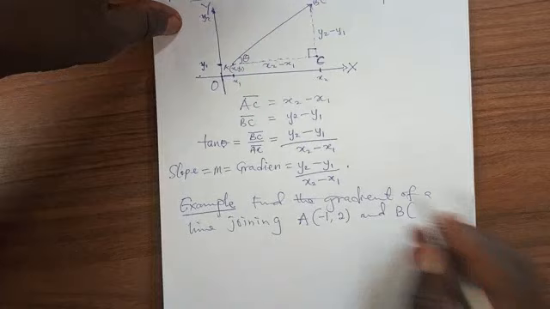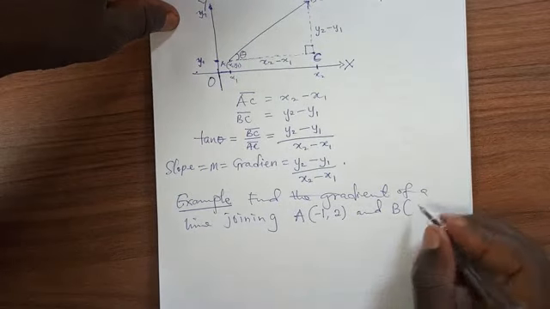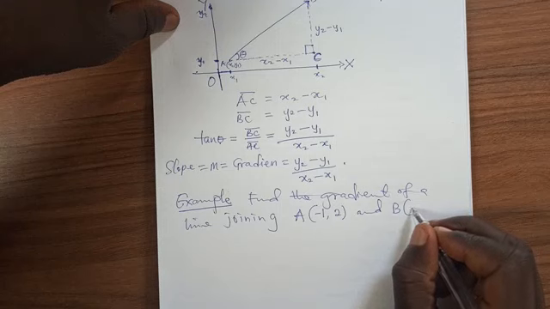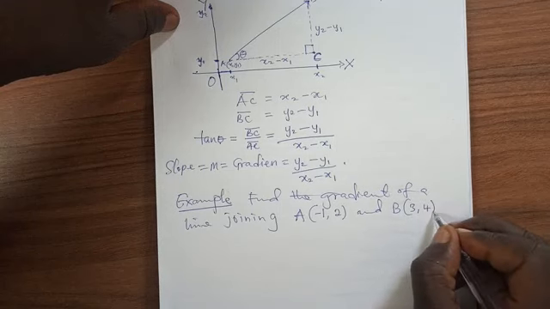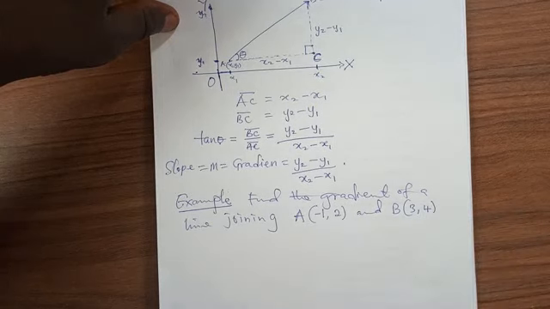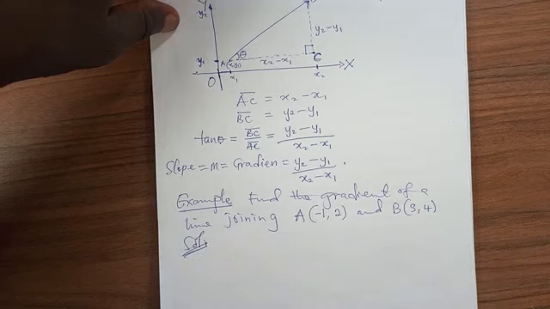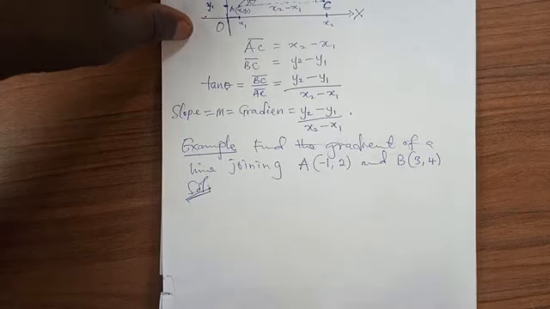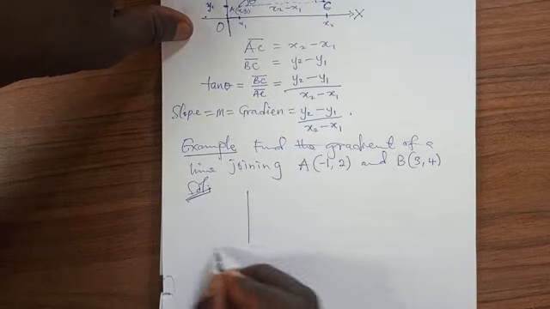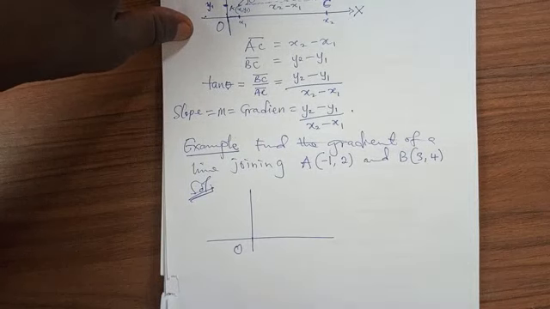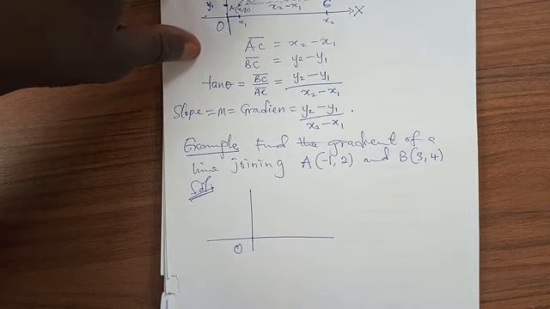The line is joining 2 points on the Cartesian coordinate system. To solve this, one can even draw the Cartesian coordinate system and have a picture of the line we are going to make calculation on.